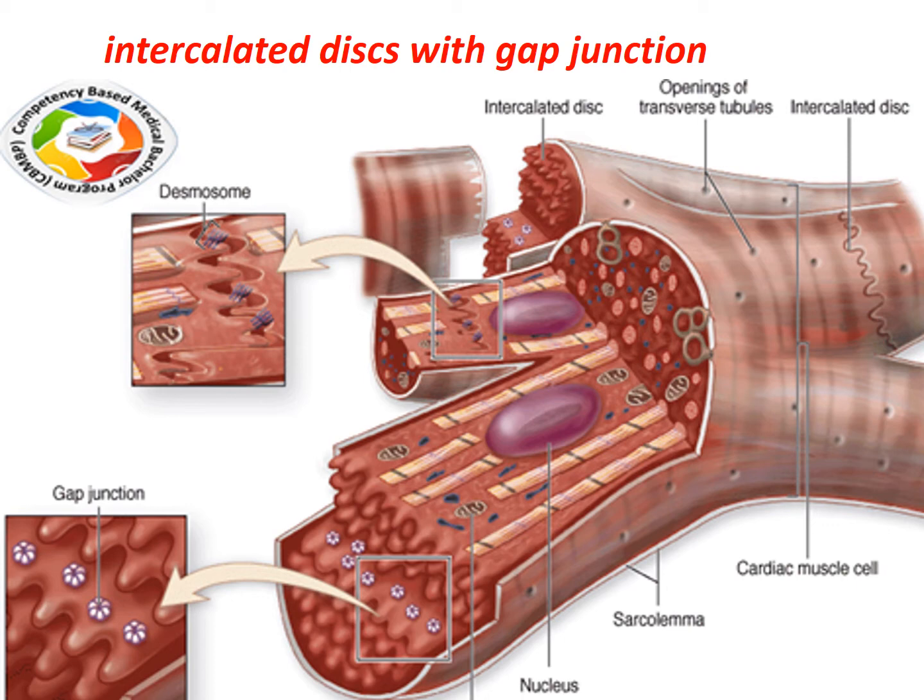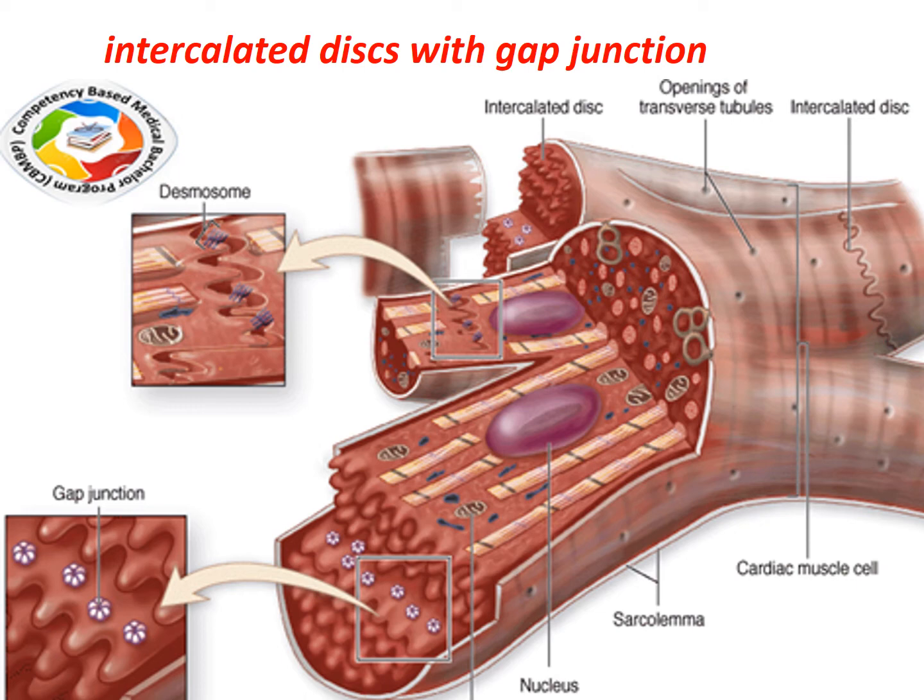This gap junction allows the activity to be transmitted from one fiber to the neighboring fibers. Like an action potential spreading from a single muscle fiber to the neighbor fiber, and thus electrical activity spreads in all atrial muscle fibers with each other and all cardiac muscle fibers with each other.